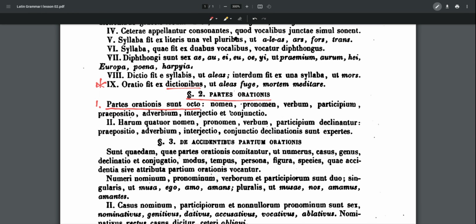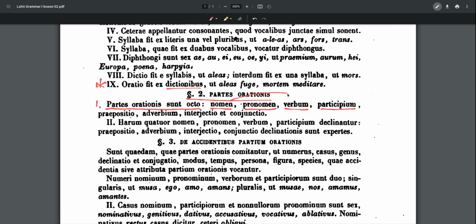And then we have a list of the 8 parts of speech. The first is nomen, which means noun. Second, pronomen, pronoun. Then we have verbum, a verb. Then we have participium. In English, this is a participle.